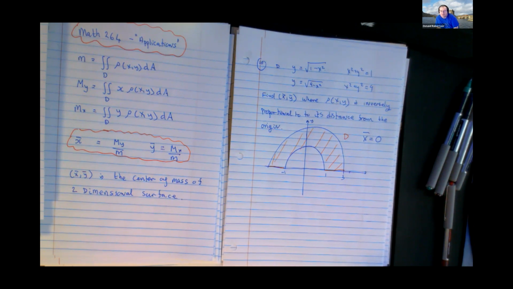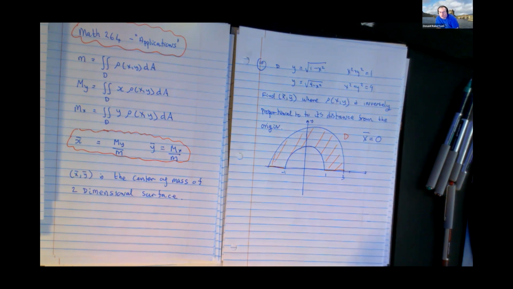Now, I may be right and I may be wrong. Why do you think I'm going to go that way? Why do I think X bar is going to be 0 in this shape? Because of the symmetry across the y-axis. Yeah, that's what I'm hoping for.